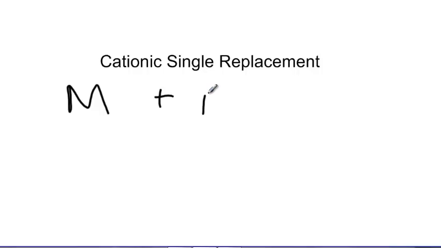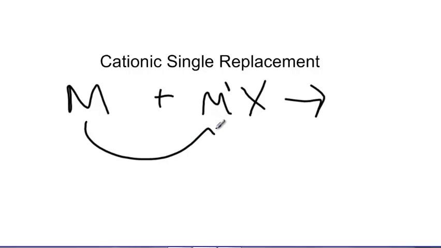I'm going to call it M prime, meaning a different metal, and X, some kind of anion. Okay, so I have a compound that's made of a metal, which is different from this metal, and some sort of anion. Nobody here has charges. Remember, things I have out in the world do not have charges. What happens is this guy comes in and replaces that guy.